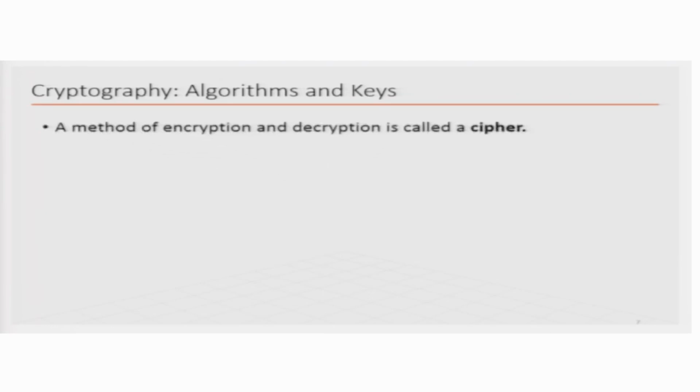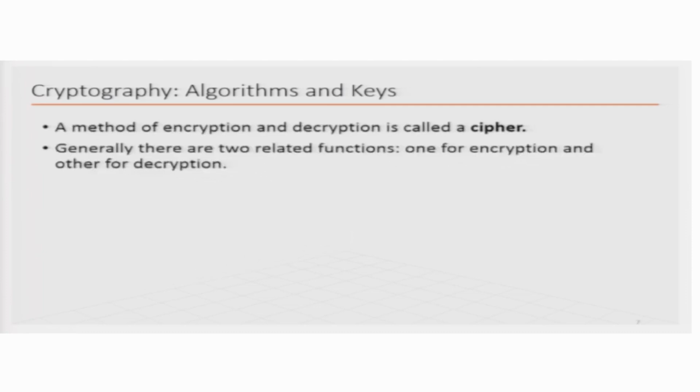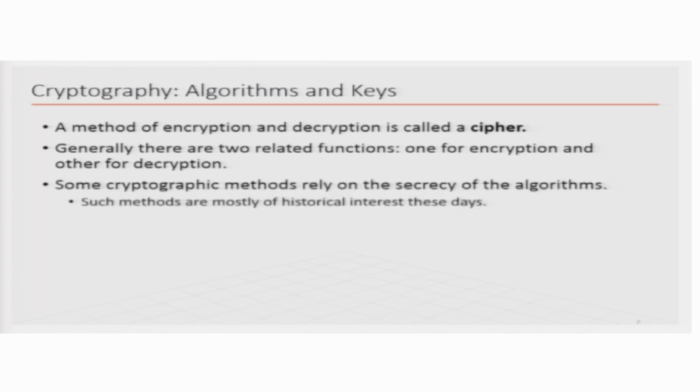So, in cryptography, as we said, the method of encryption and decryption is called a cipher. So, generally there are two related functions, as we showed in the previous slide, one for encryption and one for decryption. And in the old days, how you encrypted and how you decrypted were kept secret, right.